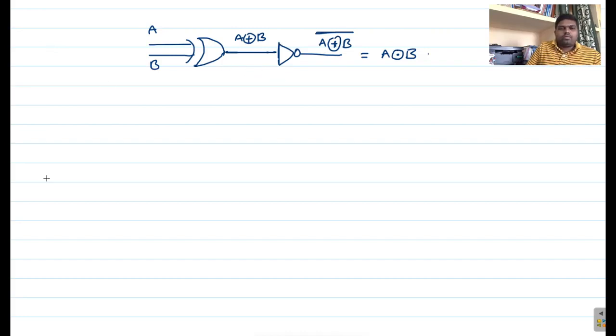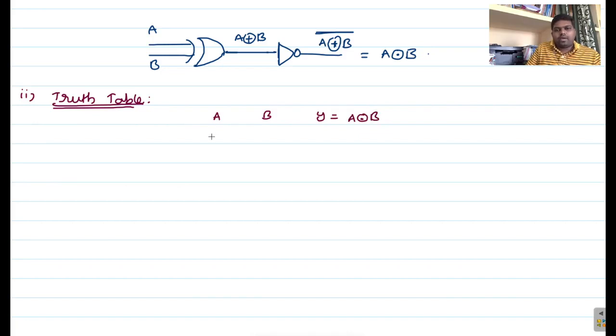Now we can move to the truth table. Second one, truth table. First input columns, after that output column Y equals A XNOR B. And here we have 00 condition, 01 condition, 10 condition, 11 condition.